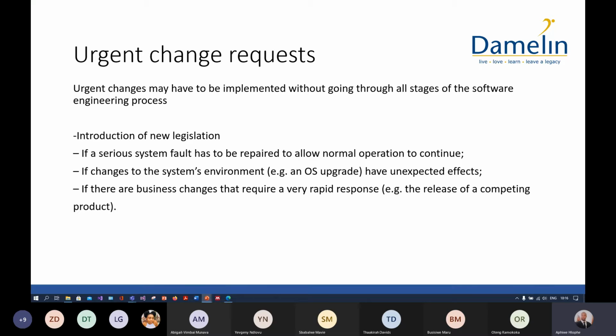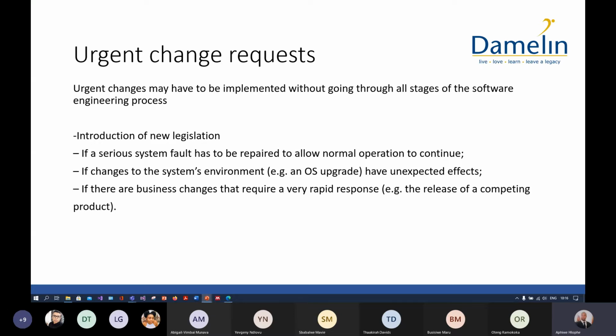So certain conditions will force us to urgently implement change. It's not that change would necessarily only be implemented by people, developers, customers, but there are certain conditions that force us to implement change now.